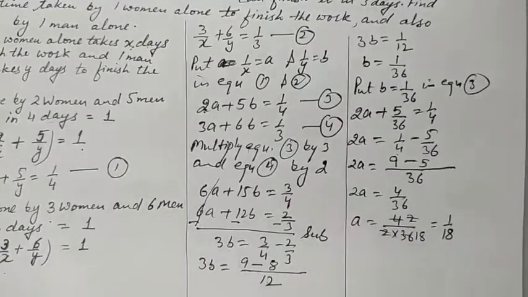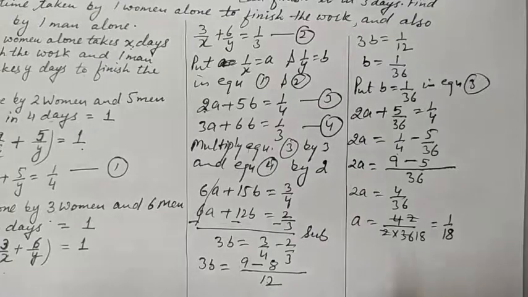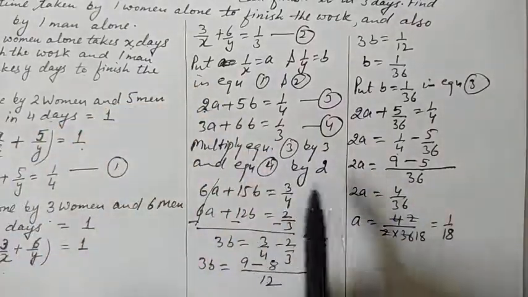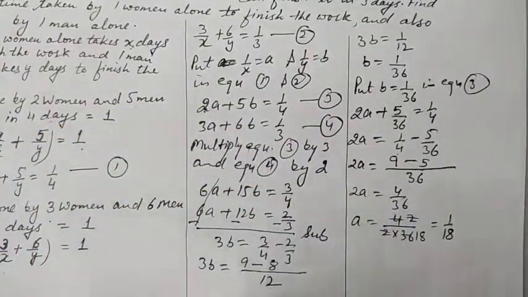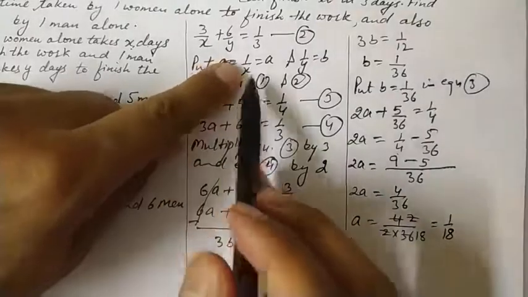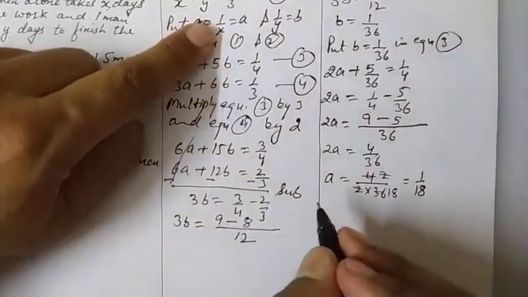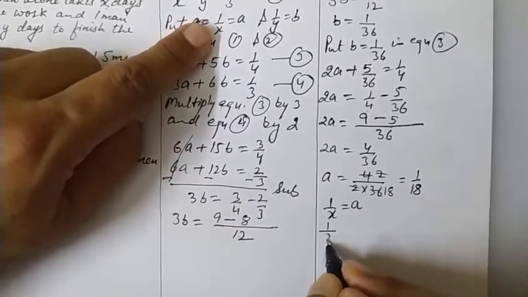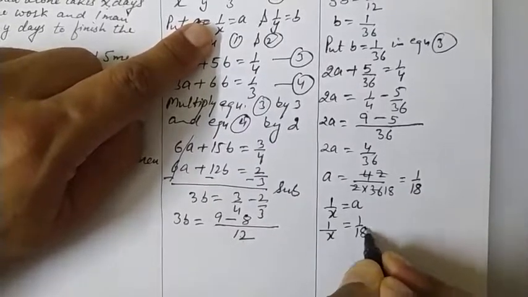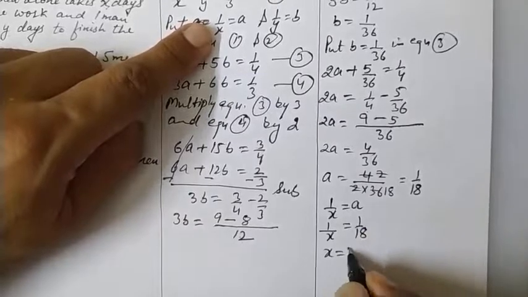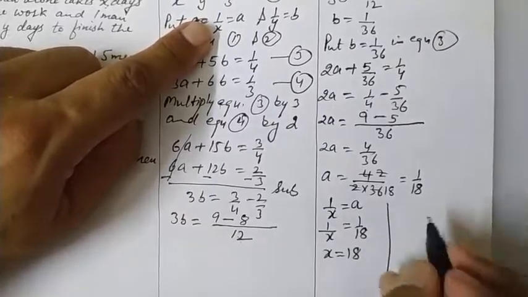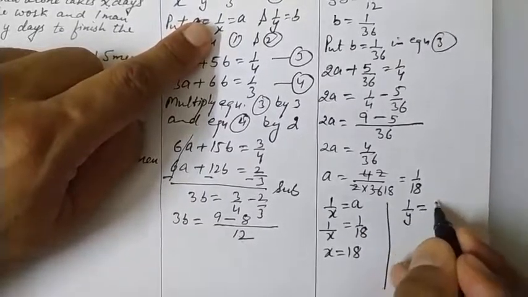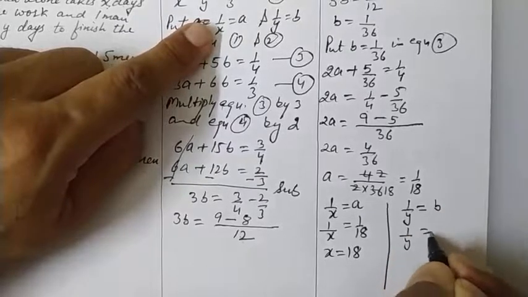So we need to find the value of x and y. We will go to where we have written, put 1 by x as a. Now we have 1 by x as a, so it means 1 by x is 1 by 18. If I cross multiply, x is 18. In the second case, 1 by y is b, and b is 1 by 36.